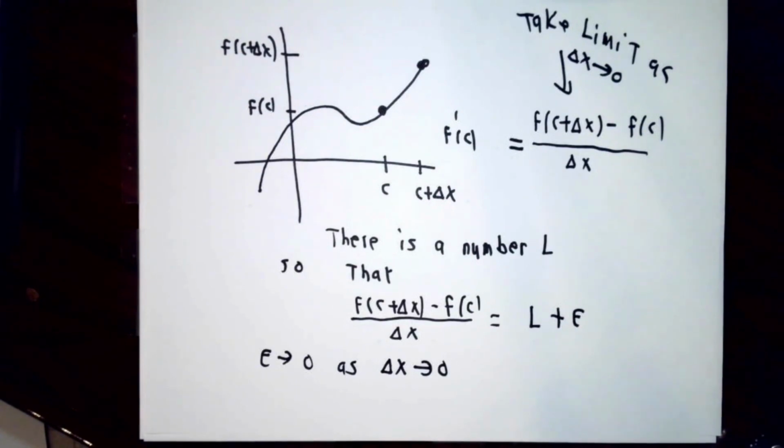There's a number, L, which is secretly f prime evaluated at c, so that when I calculate one of these fractions, the answer that I get is exactly L plus the difference between this and that. The epsilon tends to 0 as delta x tends to 0. This is logically equivalent to the usual definition.